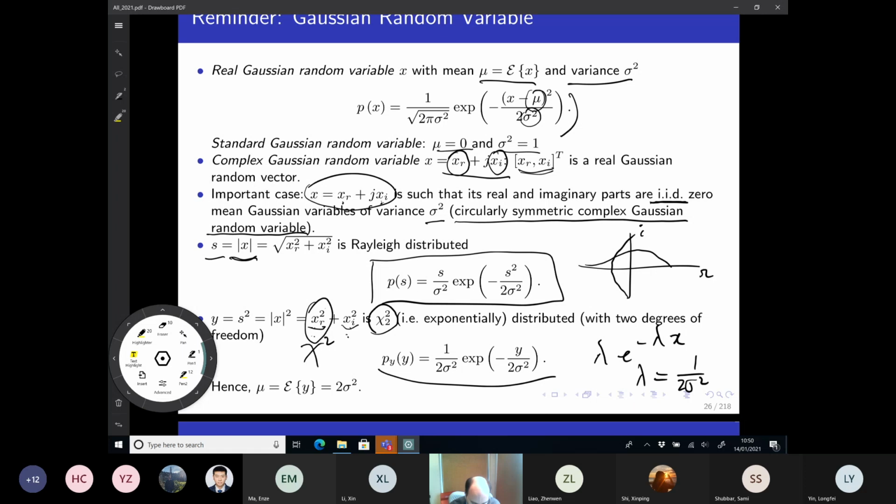Now, remember that if x is exponentially distributed with parameter lambda, the mean of x is 1 over lambda, right? So 1 over lambda here would be 2 sigma squared. So actually, the expectation of y here is 2 sigma squared.